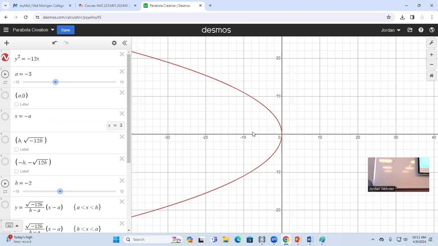This is a parabola pointing left. p here is -3 because -12 is 4 times p, so p is -3. So it's a parabola pointing left whose vertex is at the origin.